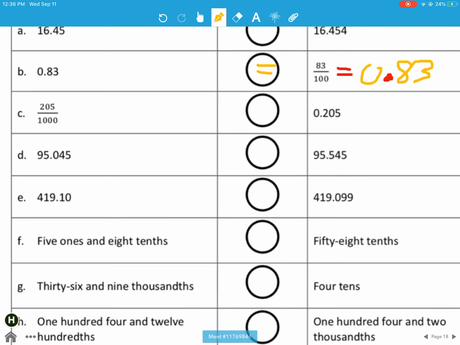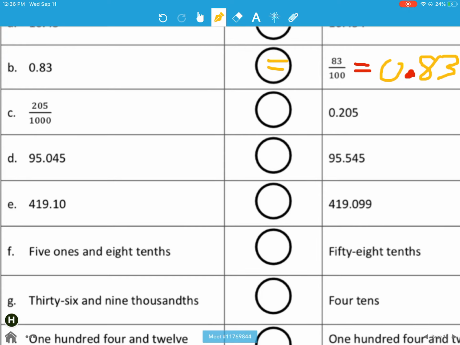Now if I look at the D, I first check these two, and I see that 95 is the same as 95. So I don't really have to pay attention to those. They're the same. I go into the tens place, I notice that the 0 is in the tens place here, and the 5 is in the tens place here.